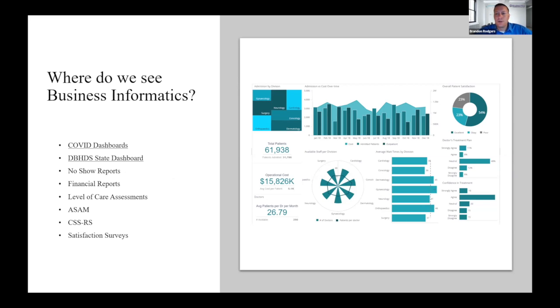These are all places where we see business informatics that help us make determinations about how we're operating. So I'm going to pull out of this one for just a second, and I'm going to bring us to the COVID dashboard just as a way to look at an example.